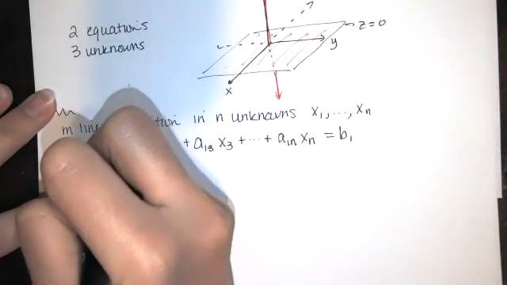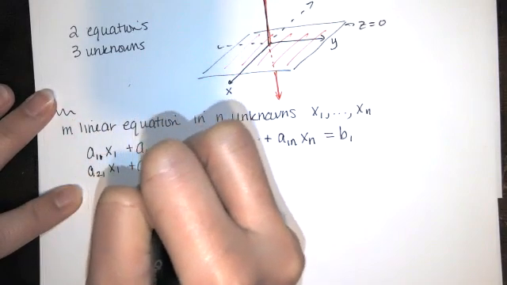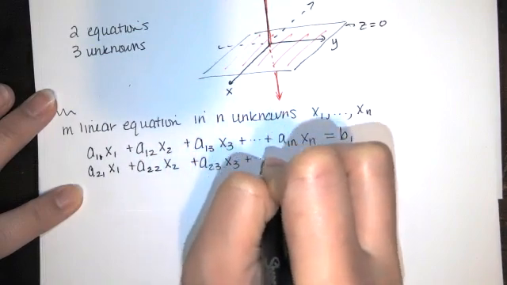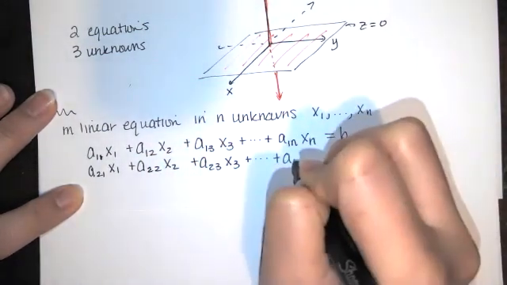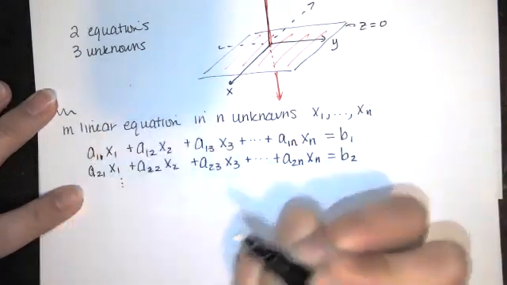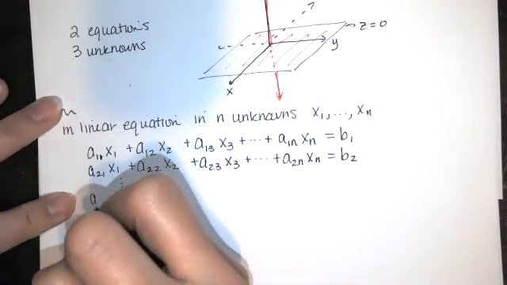And then the next one will have a sub 2, 1 times x1 plus a sub 2, 2 times x2, a sub 2, 3 times x3. And eventually we have m equations, not n equations, but m equations.